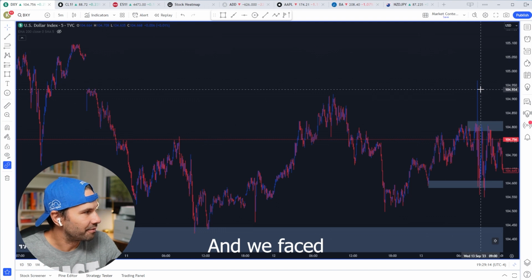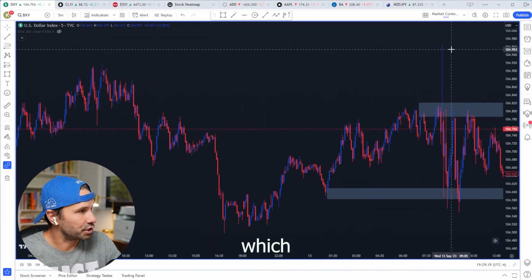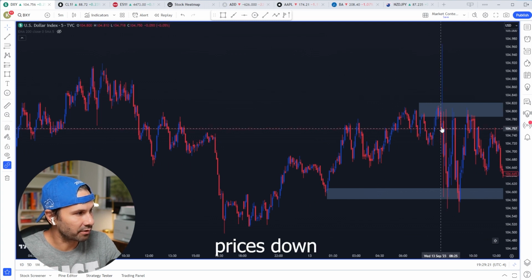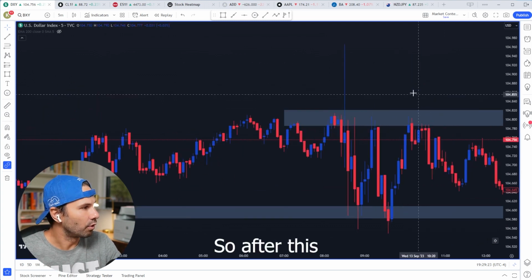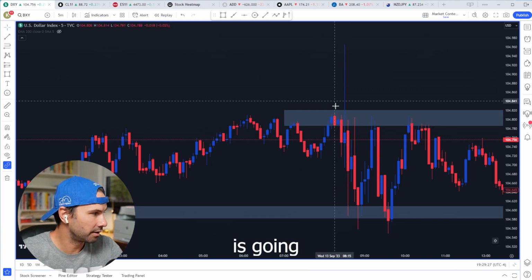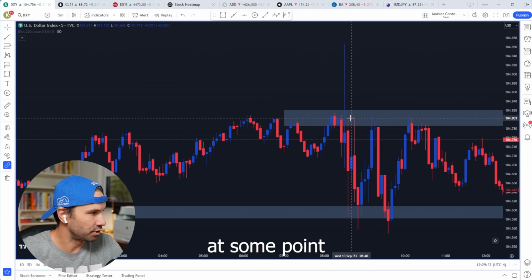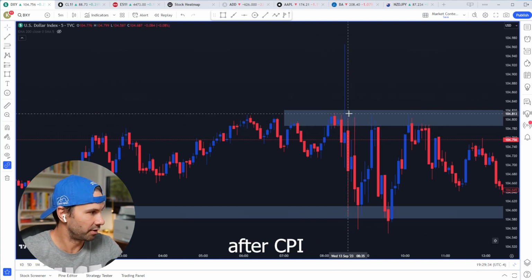And we faced a wall of sellers here, which just pushed prices down, right? So after this big rejection, you would expect this thing is going to trend to the downside. And I was thinking that at some point earlier today after CPI, right?